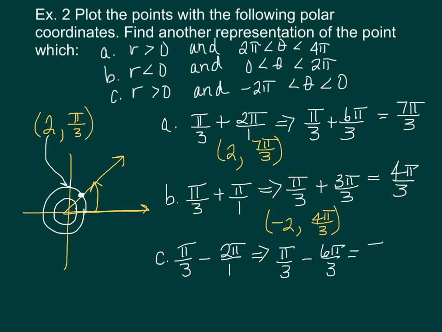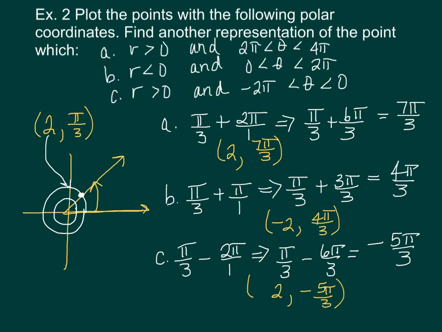So my new angle is now -5 pi over 3. So my ordered pair, or my point, would be 2 and -5 pi over 3.